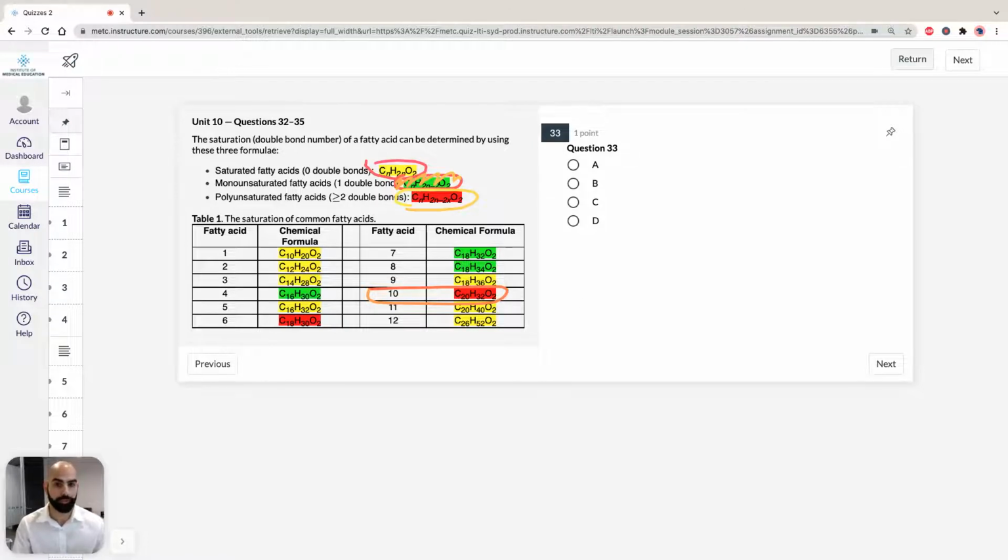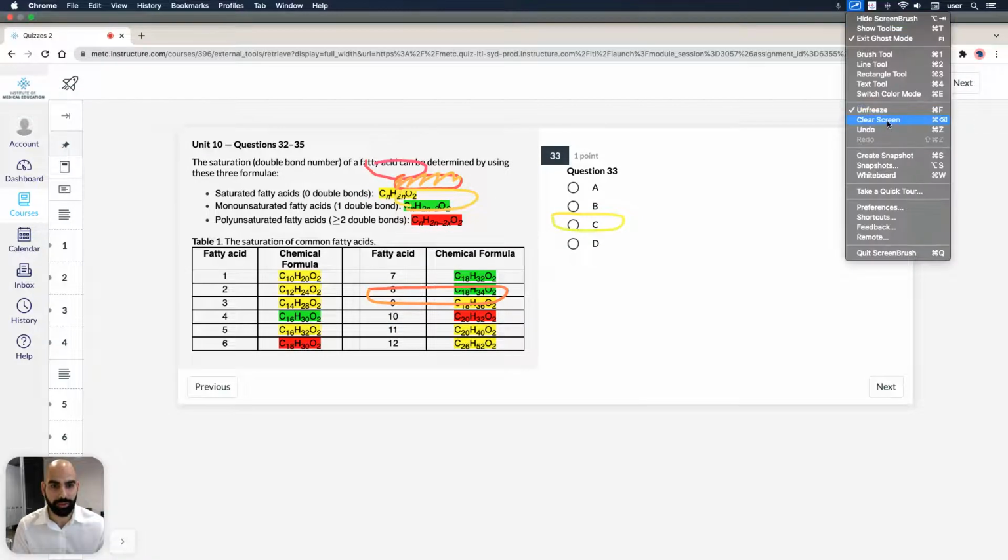So the answer for question 33 is D, 4. If you still can't conceptualize that, write it out and you'll see for yourself. I don't want you to draw it out because it'll probably take forever, but just by using this formula, or just by eyeballing it, you'll get the answer. If it's saturated and then you've subtracted 8 hydrogens, that means you've got 4 double bonds. That's how I'd look at it.